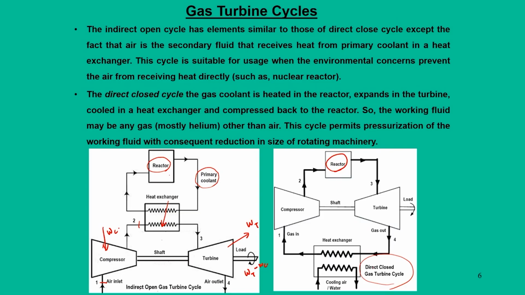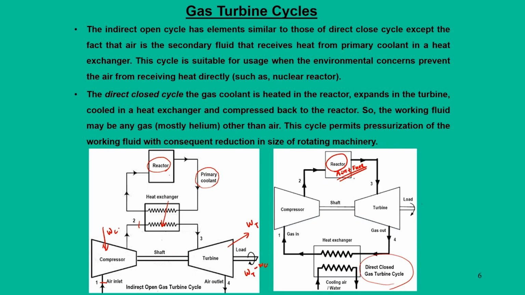Here we have air plus fuel mixed in this reactor, and the compressor and turbine share a single shaft, and the turbine drives the compressor as well as produces the power. But the extra change here is that we do not rely on atmospheric air.